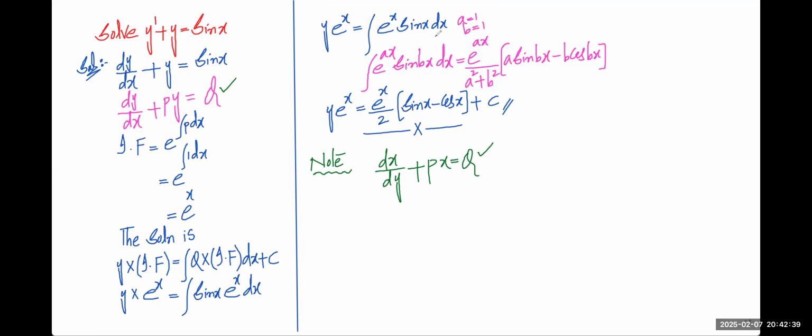In that case, our integrating factor: here we have integrating factor e power integral p dx, and in the reverse form our integrating factor is e power integral p dy.